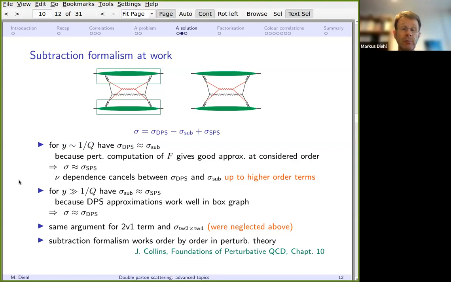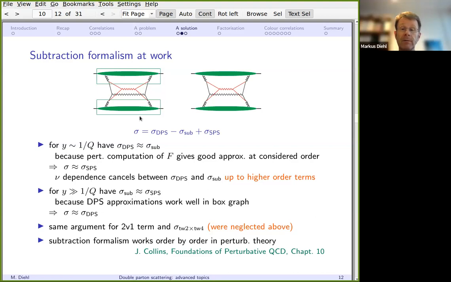Now, if you go to the region where y is much bigger than 1 over Q, it turns out then the subtraction term is approximately equal to this term. And why is that? Well, if the distance here is much bigger than 1 over Q, then all the approximations we make in order to get the double parton scattering cross-section formula are good approximations. So you can then say, well, I've just rewritten my perturbative graph in a clever way that gives me the description in terms of a DPD.